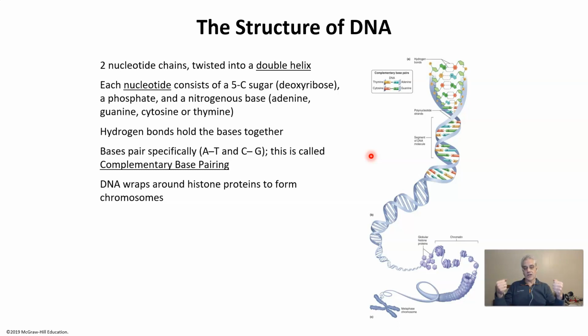It's not terribly hard to do that because the hydrogen bonds are weak enough to allow that, but they're also strong enough to keep them together into this double helix when you don't want them apart from each other. So that's the beauty of hydrogen bonding. It's not too strong, but it is strong enough. You got to remember this term, complementary base pairing.